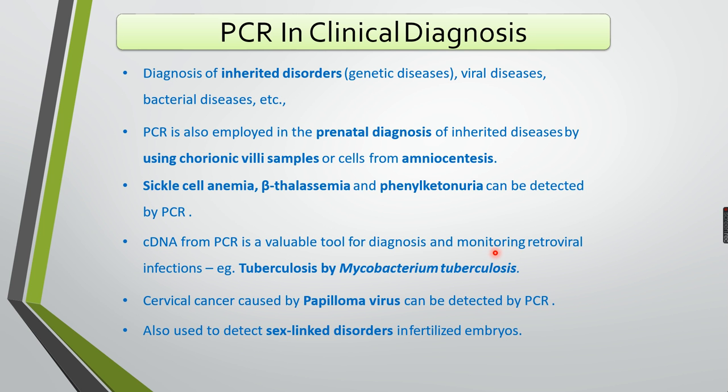Later it can be transcribed again. Another example they give is tuberculosis. TB is caused by Mycobacterium tuberculosis. Another example of a retrovirus I said was HIV, causing the disease called AIDS. And cervical cancer caused by papillomavirus can be detected with PCR test, which is also used to detect various sex-linked disorders.